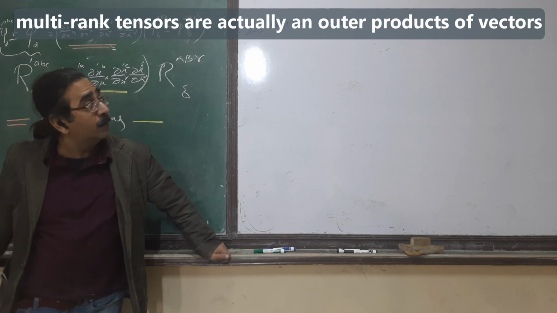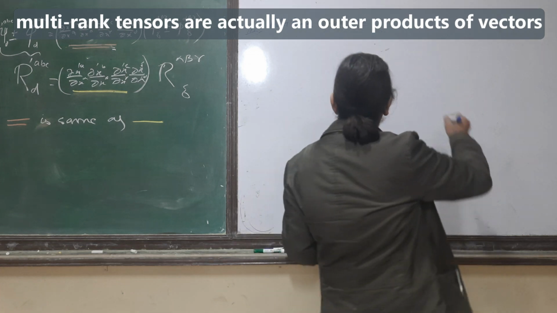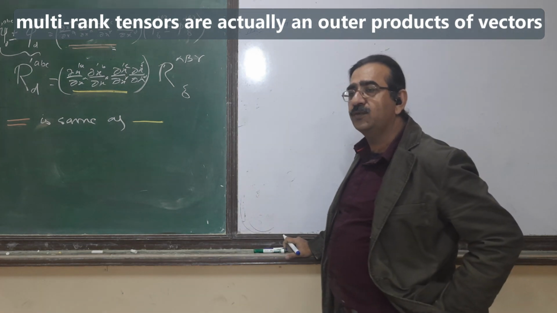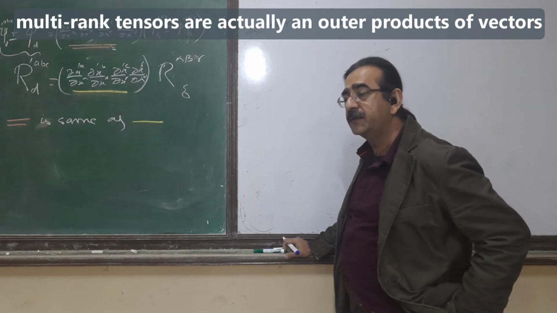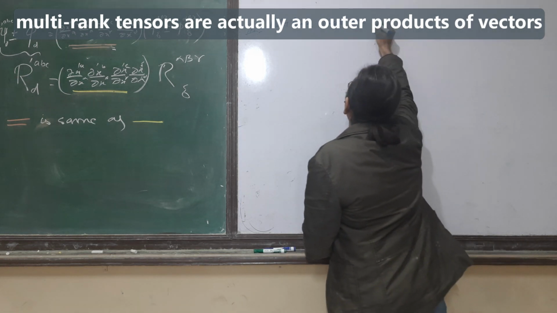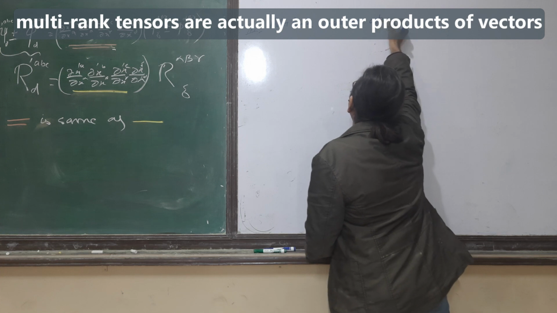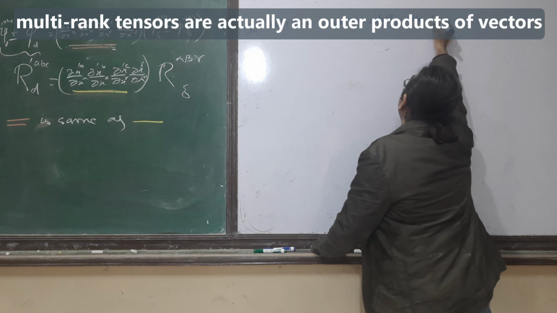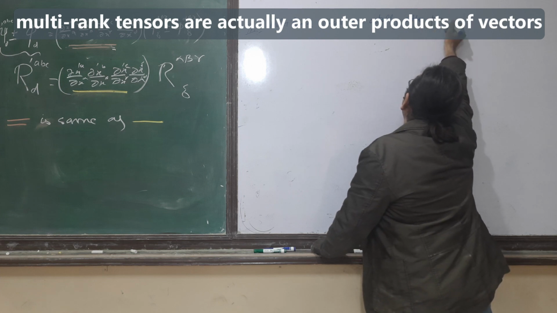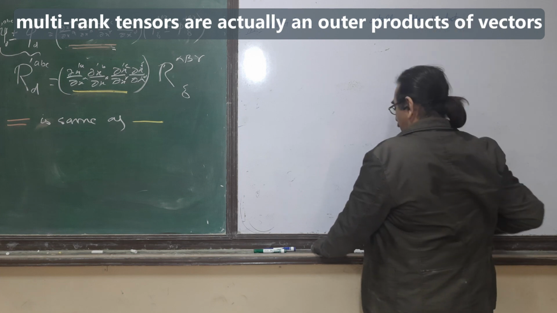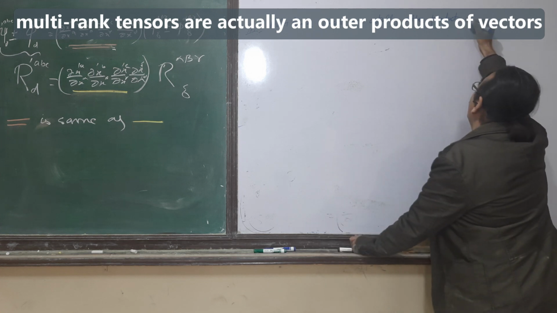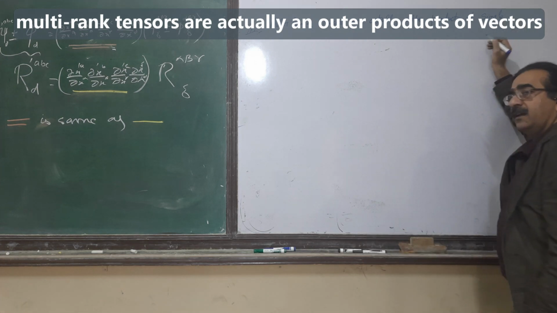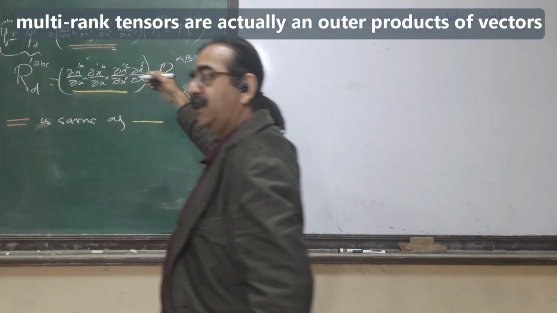I think I have mentioned in my first lesson that multi-rank tensors are actually the outer product of single rank tensors. Why am I writing single rank tensor? Because we know the physical significance of the single rank.